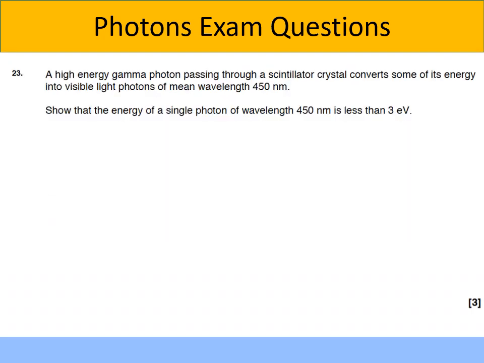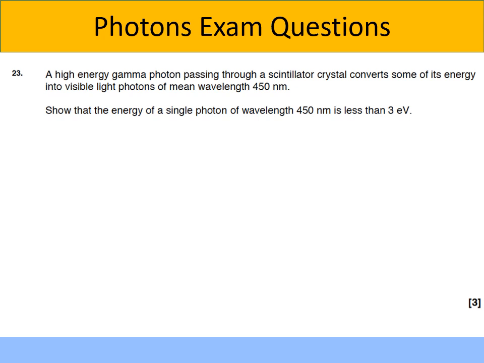Question number 23. A high energy gamma photon passing through a scintillator crystal converts some of its energy into visible light photons of mean wavelength 450 nanometers. Show that the energy of a single photon of wavelength 450 nanometers is less than 3 electron volts.